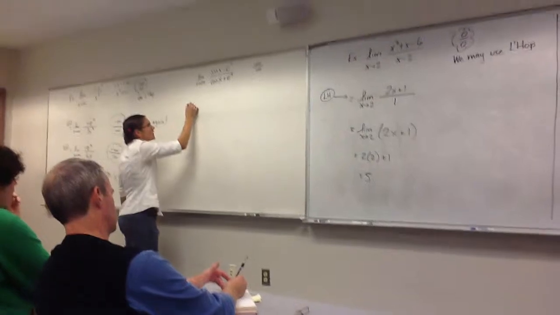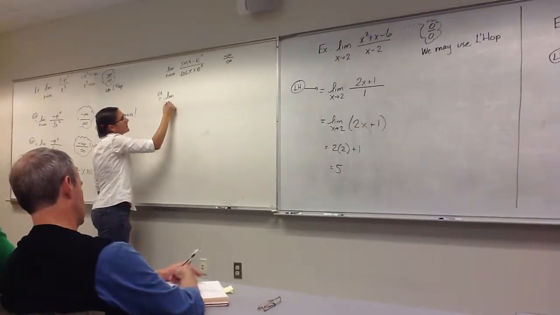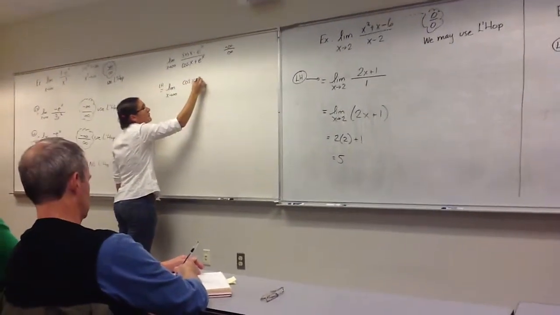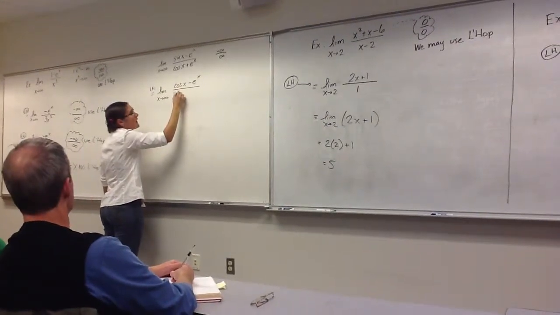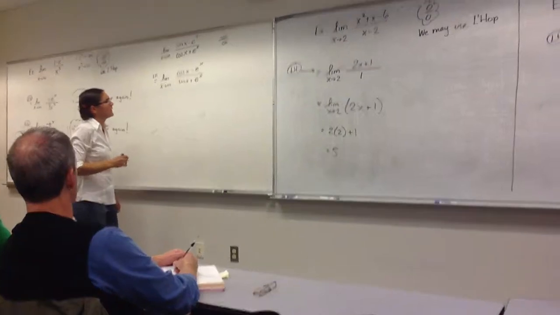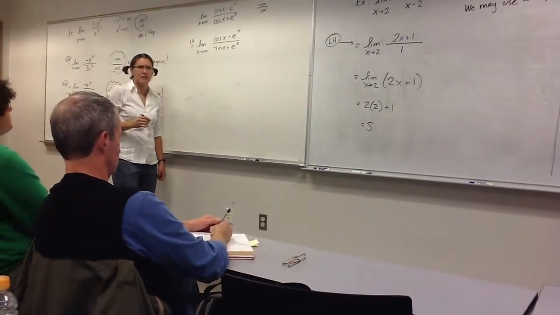So if I tried to use L'Hopital's rule, taking the limit as x goes to infinity, my derivative is cosine of x minus e to the x. My derivative in the bottom becomes negative sine x plus e to the x, which doesn't look a whole lot better for us.